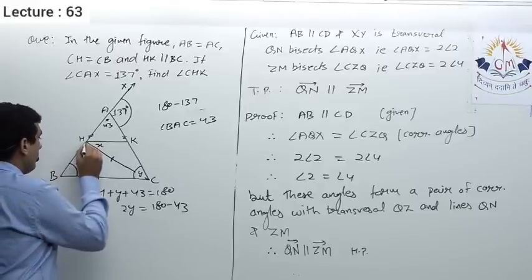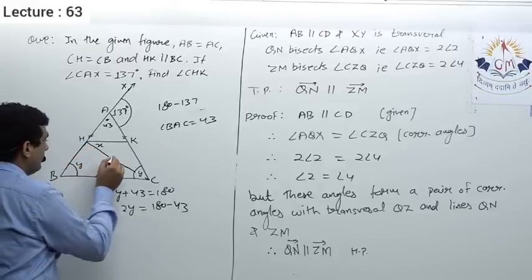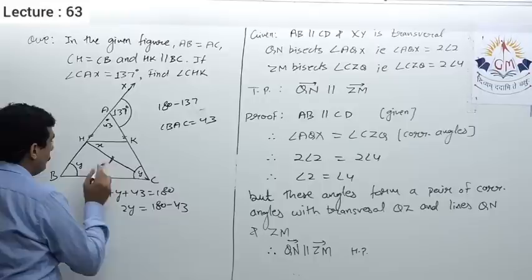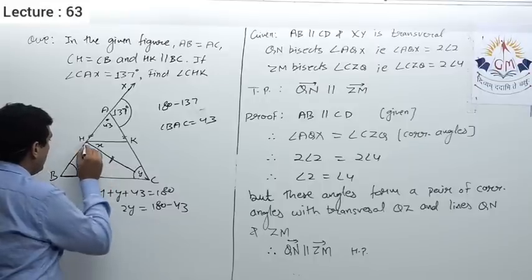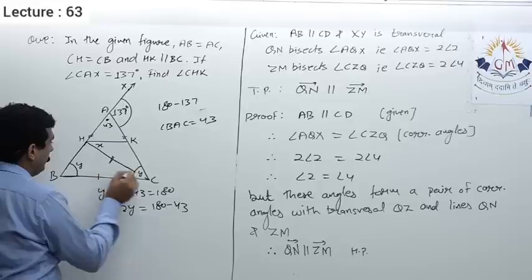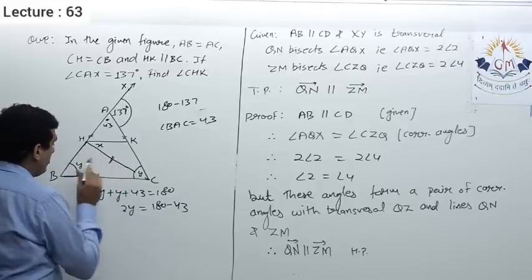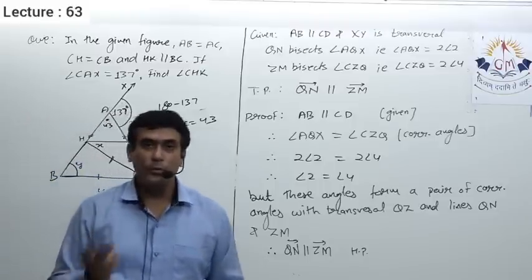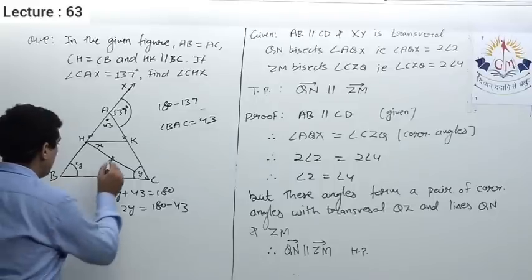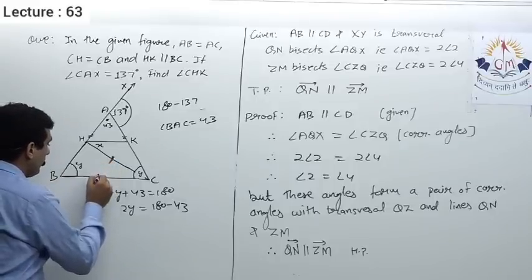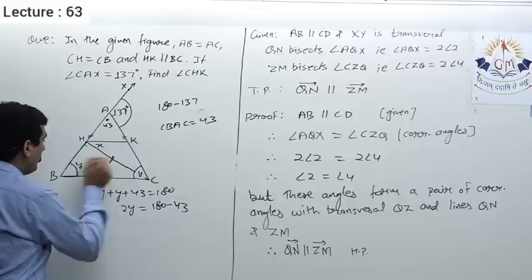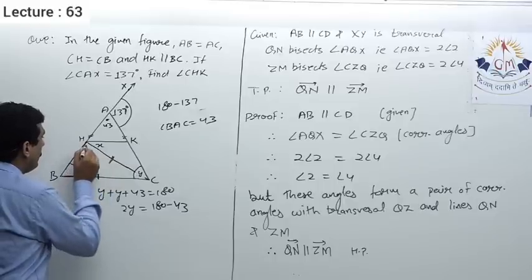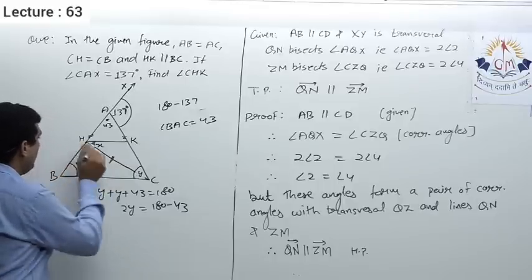Now it is also given that CH is equal to BC. That means triangle BHC is also an isosceles triangle, and angles opposite to equal sides are equal. So whatever is Y will be the measure of this angle BHC.